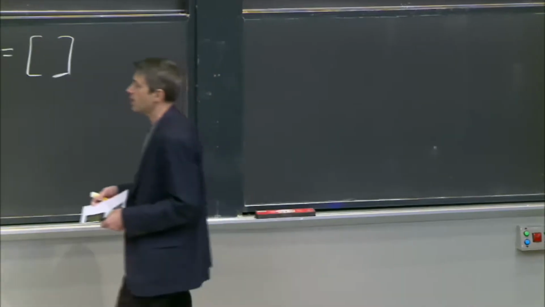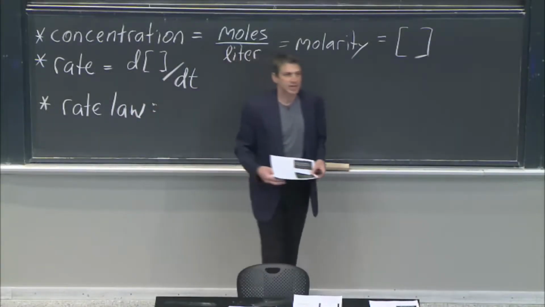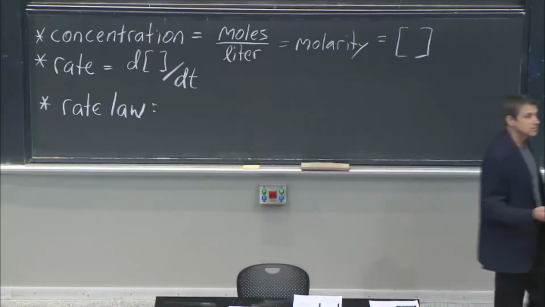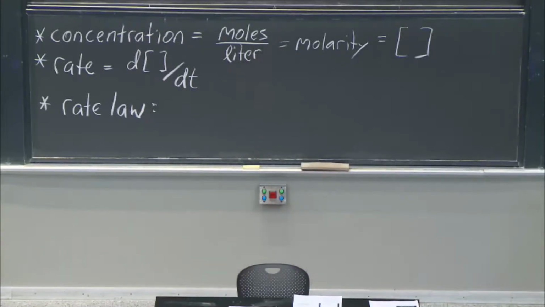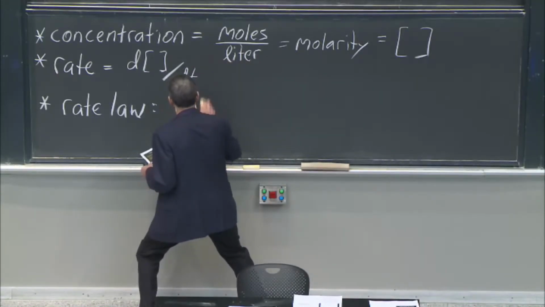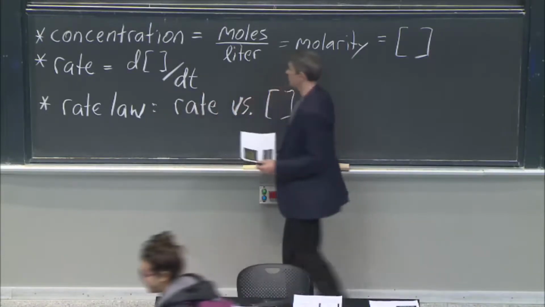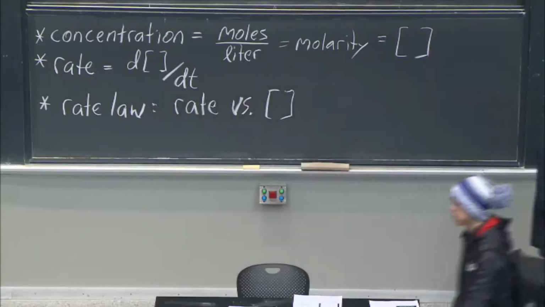But what if I wanted to say, could you tell me what the rate is as some function? That's called a rate law. It will give me rate versus concentration. That's what I want out of a rate law.